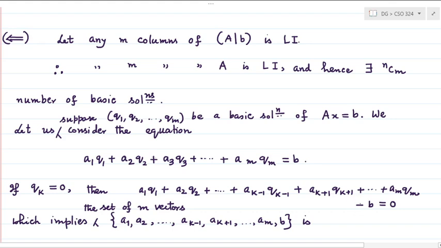So at least one non-zero coefficient you have in the linear combination of these m vectors equal to 0, and therefore this is linearly dependent.